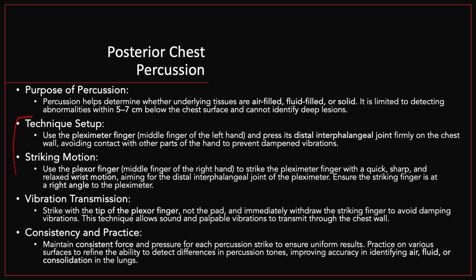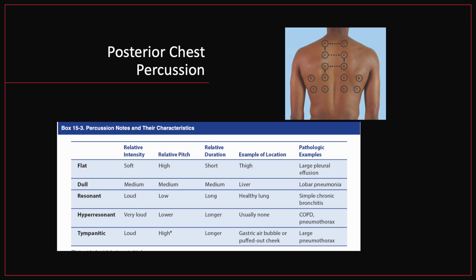This is all technique, and if you don't remember how to do this from nursing school, I suggest you review this. There won't be any specific questions over it, but on the next slide, we have your pattern that you need to go through to capture all the different lung fields, but most importantly here, the percussion notes and their characteristics, okay?